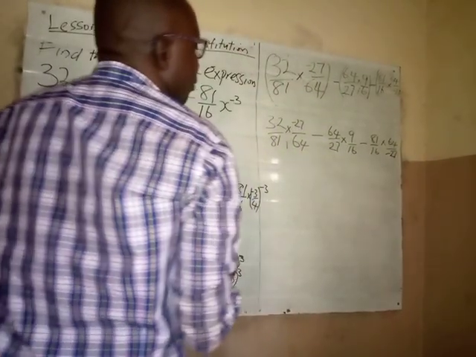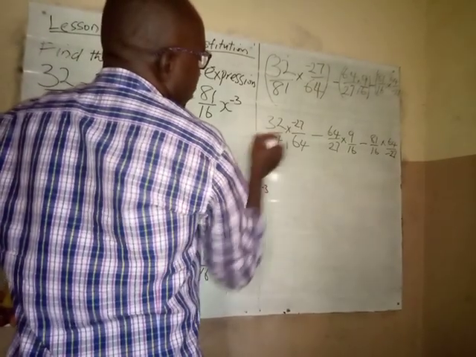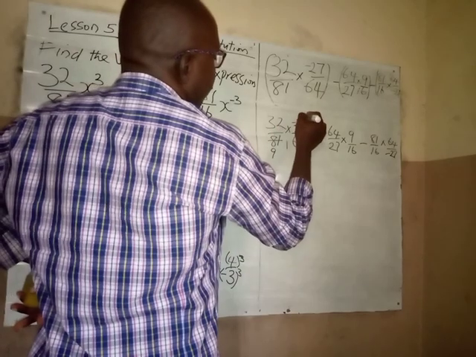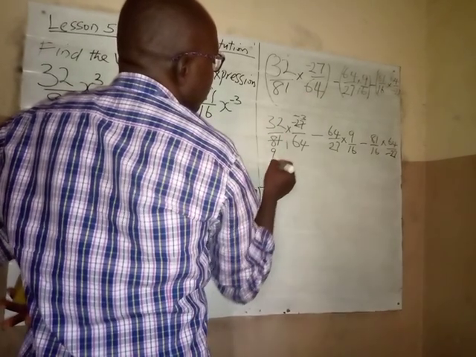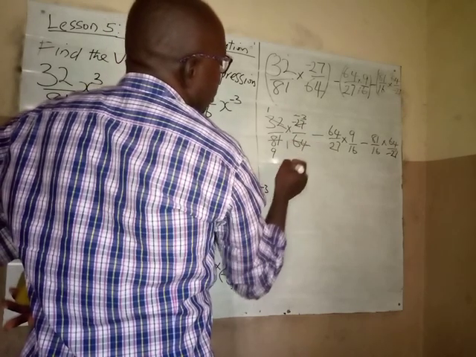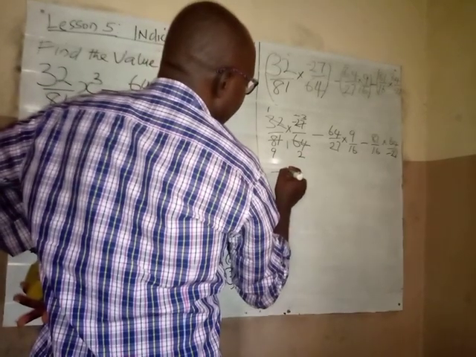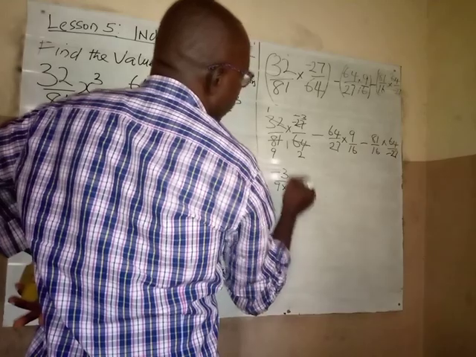You can cancel out. 9 can go here, 9 goes here, we have 9. Then minus 3. 32 divided by itself is 1, 64 divided by 32 will give me 2. So what I have is minus 3 over 9 times 2.